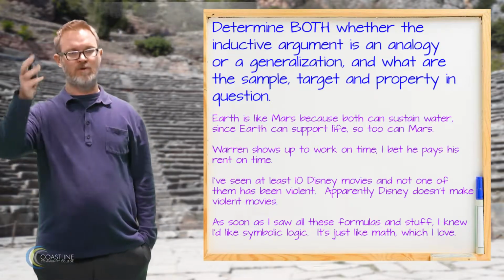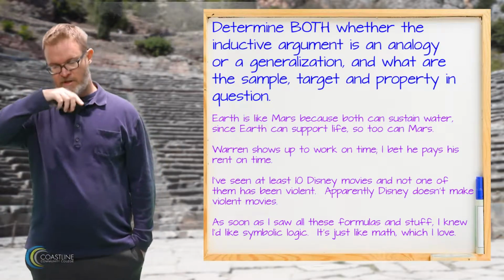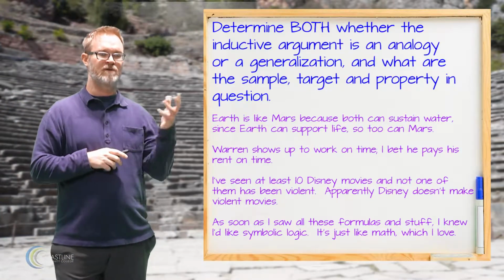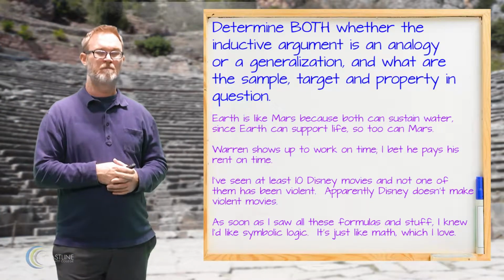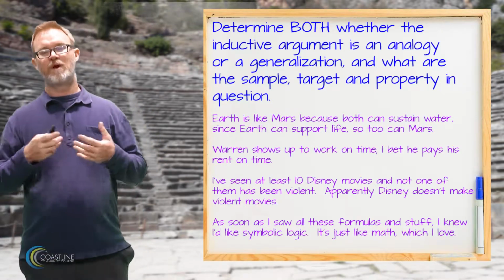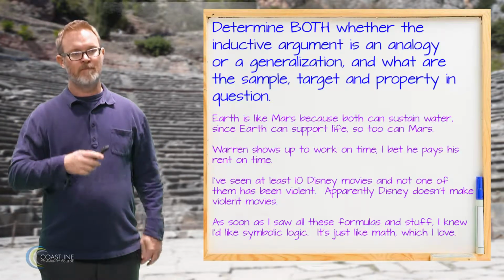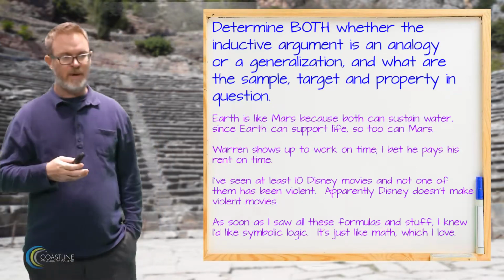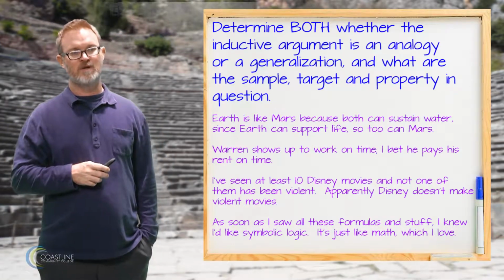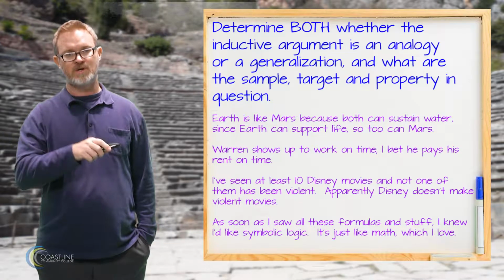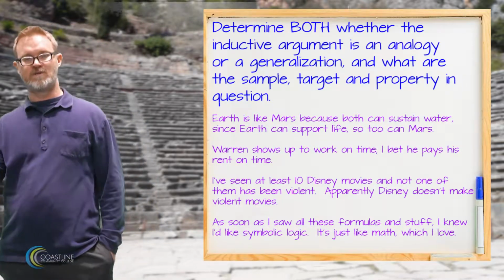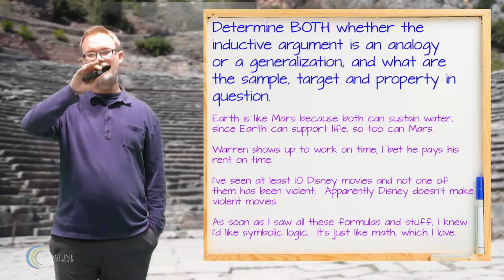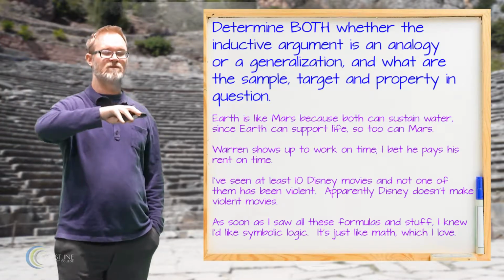So that's the first part of the question. The next thing is to ask what the sample, target, and property in question are. We know that the sample is Earth and the target is Mars. So what then is the property in question? Reading the passage again, at the end we're making this inference: Mars can support life because the Earth does.